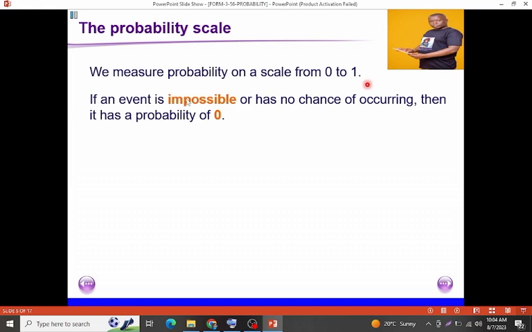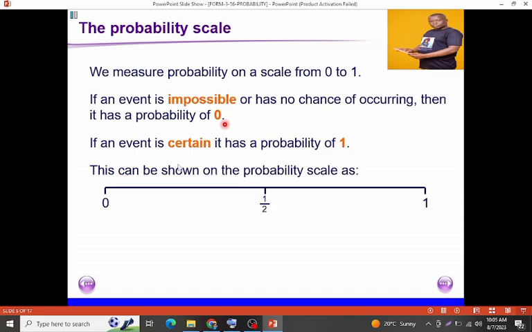If an event is impossible or has no chance of occurring, then it has a probability of 0. If an event is sure, 100% certain, then it has a probability of 1 or 100%.